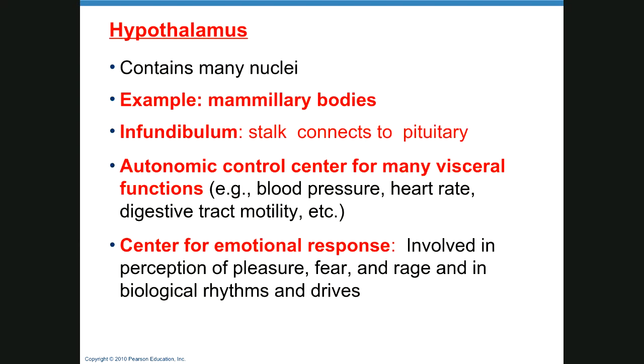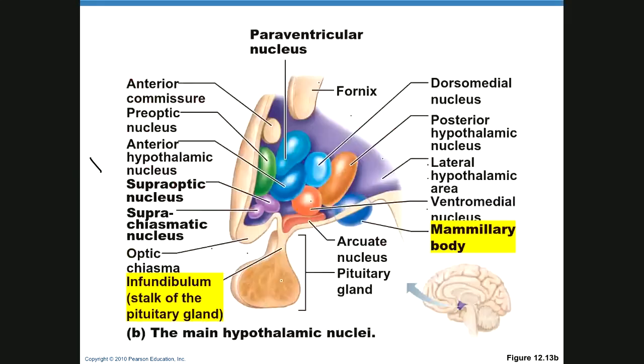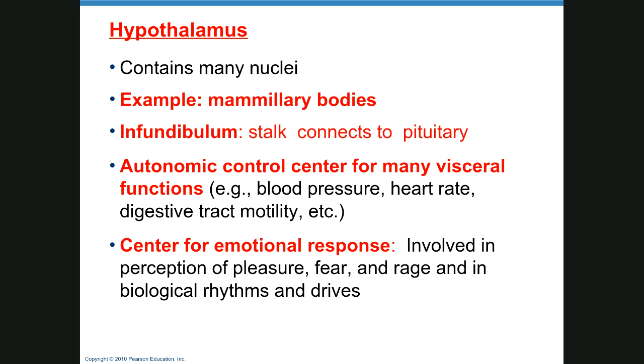The hypothalamus is the center for autonomic control. That is incredibly important. This is the autonomic control center. Okay, so what that means is that this is the center where sympathetic and parasympathetic function is controlled.